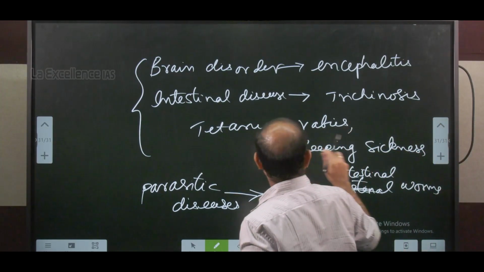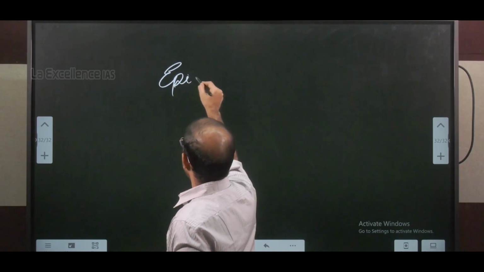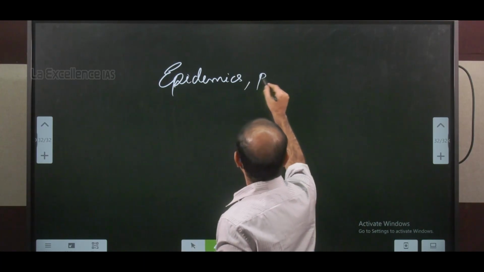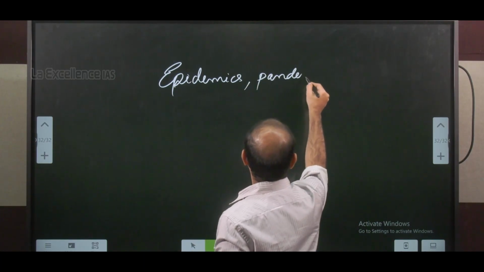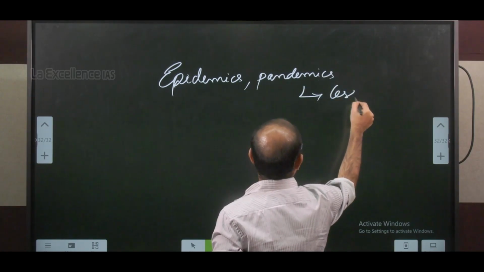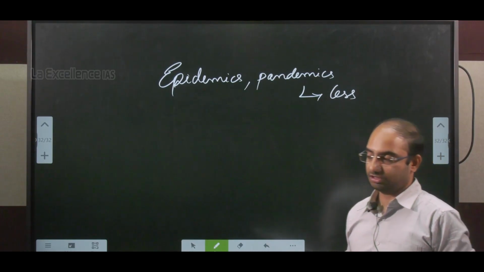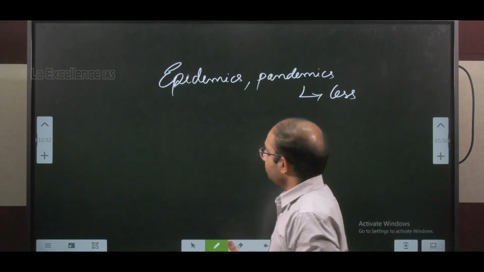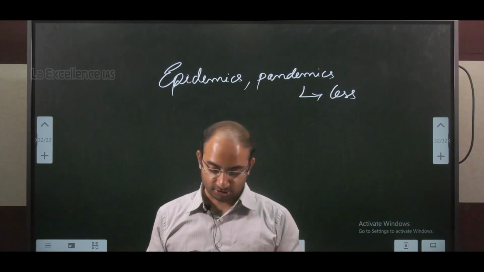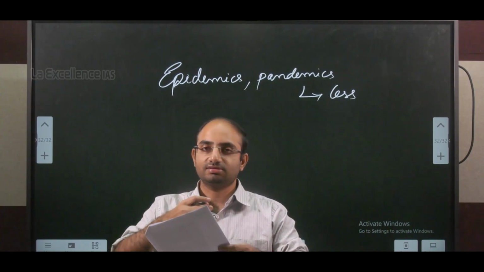But one interesting aspect of hunter gatherers is that in hunting gathering societies, epidemics or pandemics are very, very less, because first, they live in small population groups and in scattered areas.